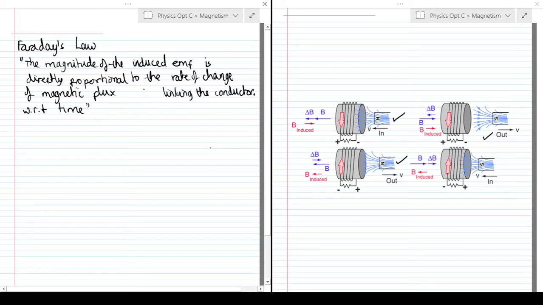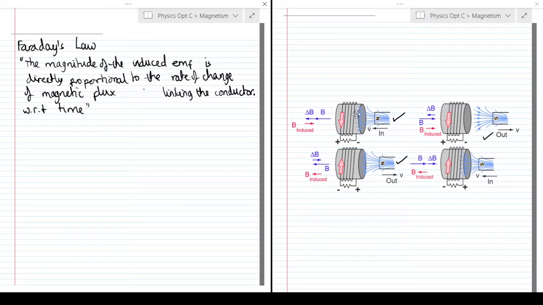Now, the direction of the EMF, or the polarity of the EMF, if you prefer, could be verified experimentally, right? Now, I have on the right-hand side here a little graphic that helps us to understand how the EMF is going to be created.